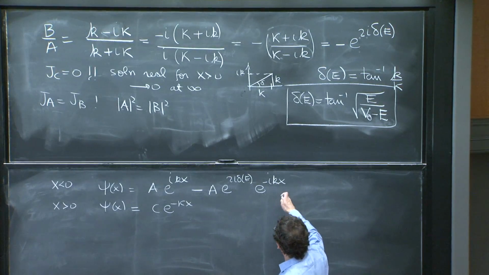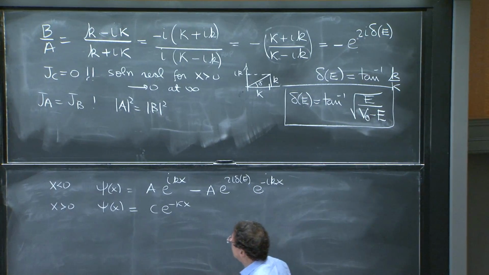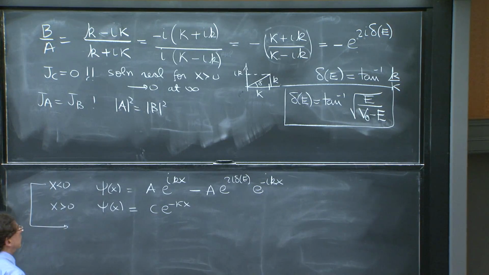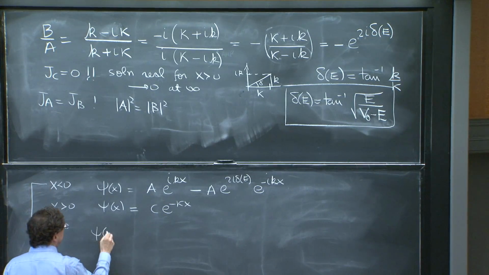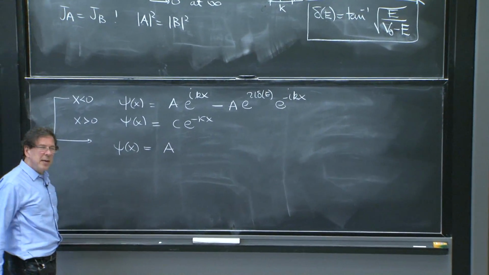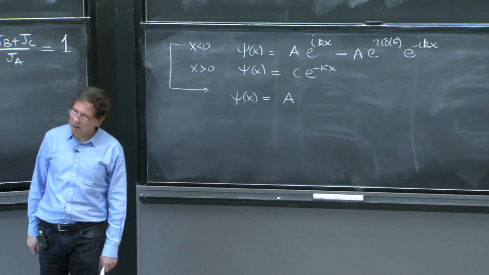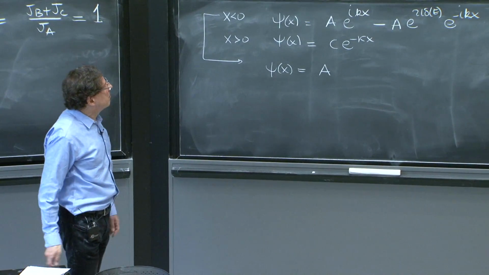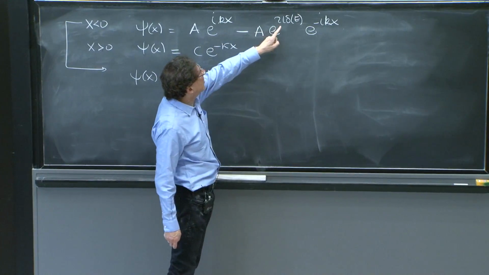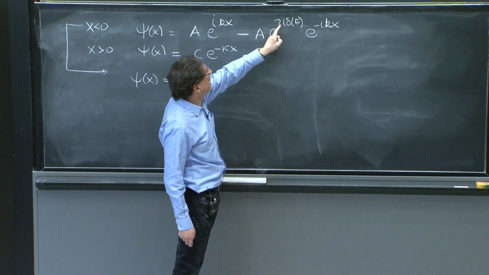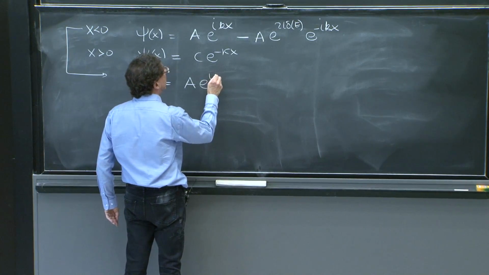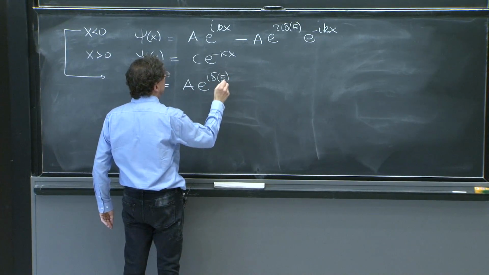Now, this expression for x less than 0 can be simplified a little. You can factor an a, but it's very nice, and you should have an eye for those kinds of simplifications, to factor more than an a and to factor one phase, like e to the I delta of e.